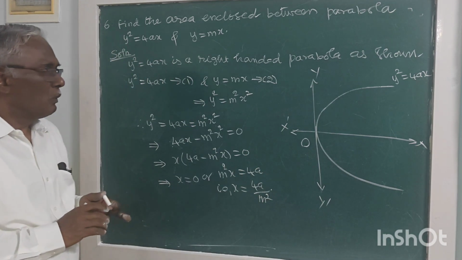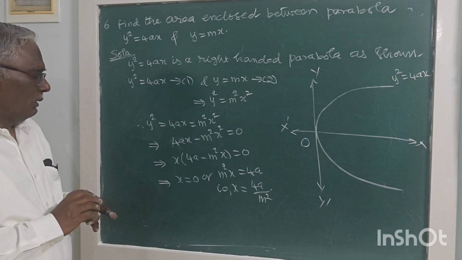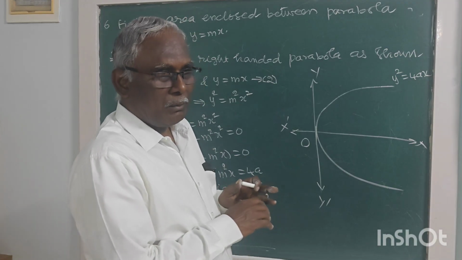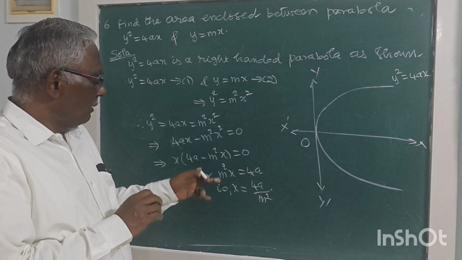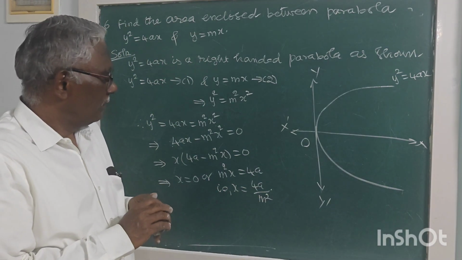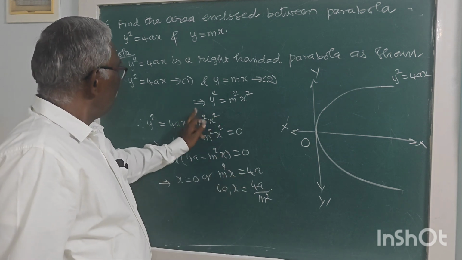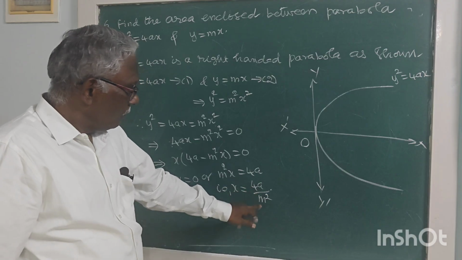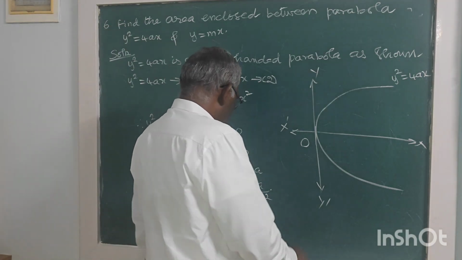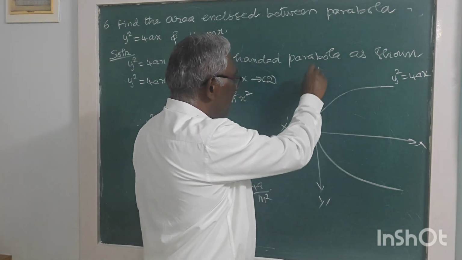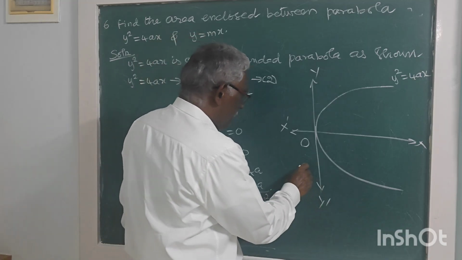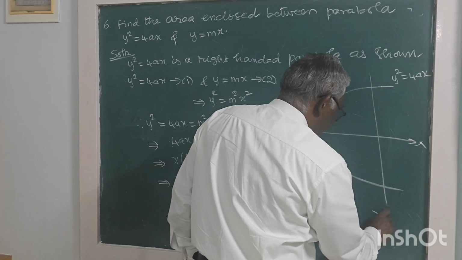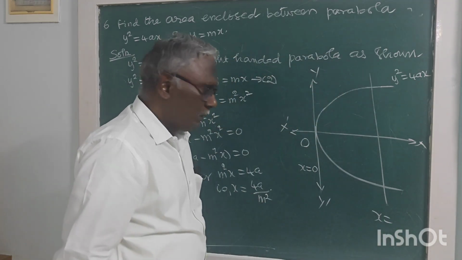So we need to know the x coordinate of the intersection point of the line and the parabola. We need not find the y coordinate. So the line passes through origin and x coordinate is 4a by m square. Equation of y axis is x is equal to 0 and this line x is equal to 4a by m square.